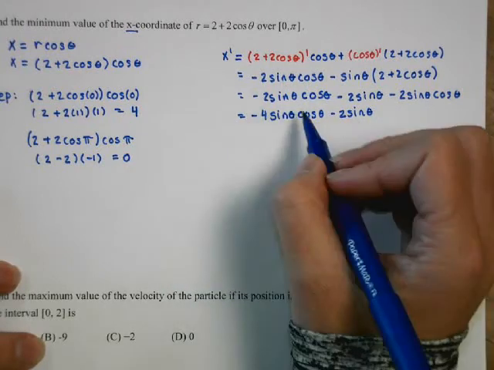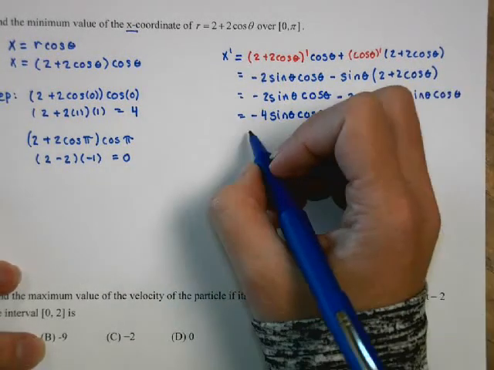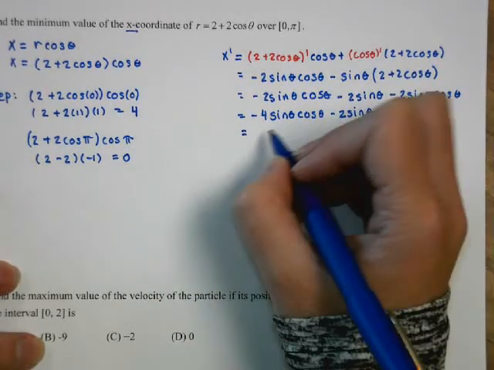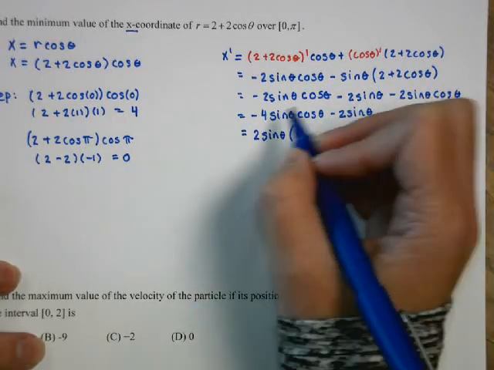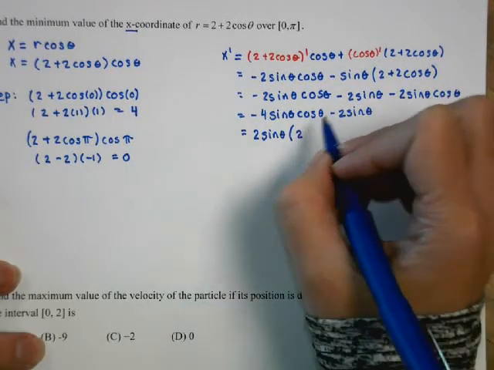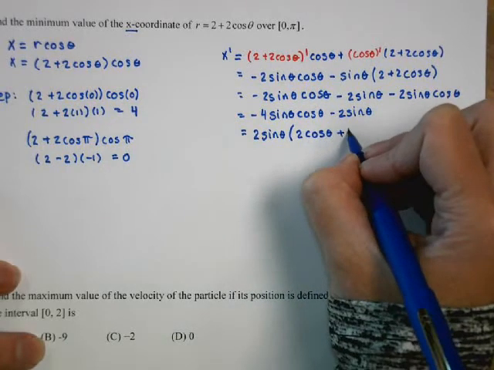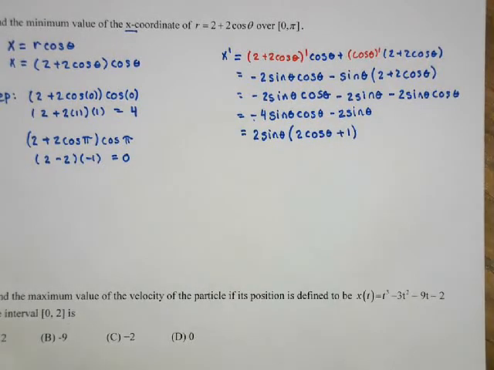We can move these to the other side of the equation to make it equal to positive. So this would be a positive, and I'm going to factor out the common factor here, which would be 2 sine theta, which would leave me with a 2 cosine theta plus 1. So again, making these each positive and then factoring.